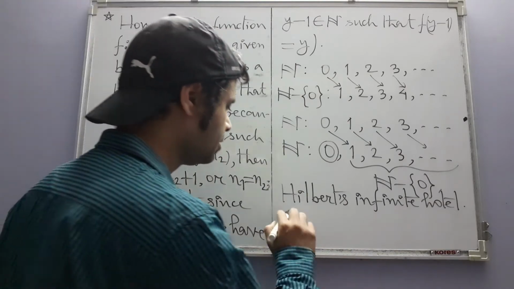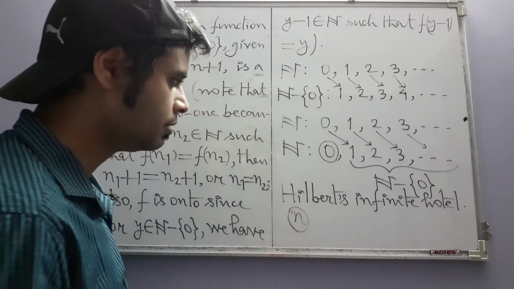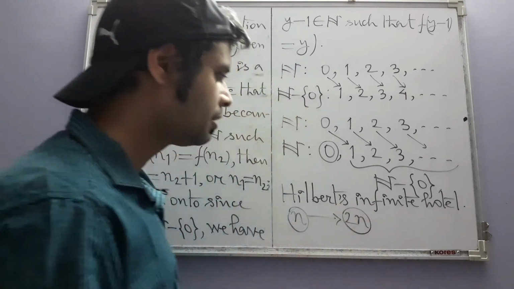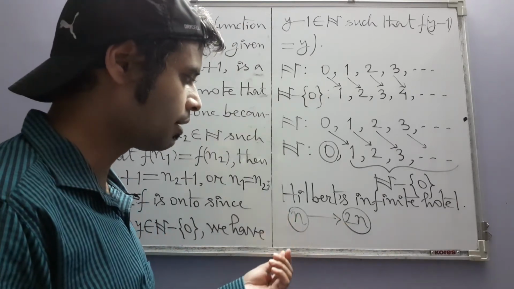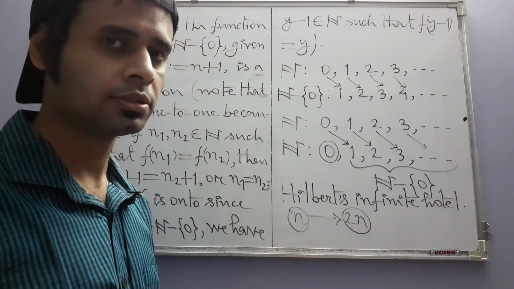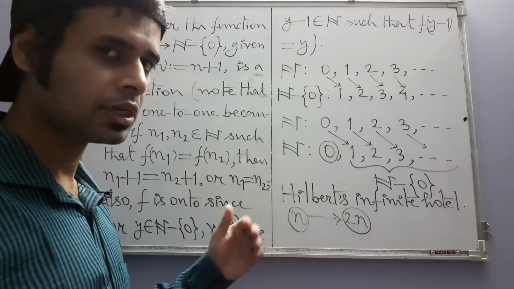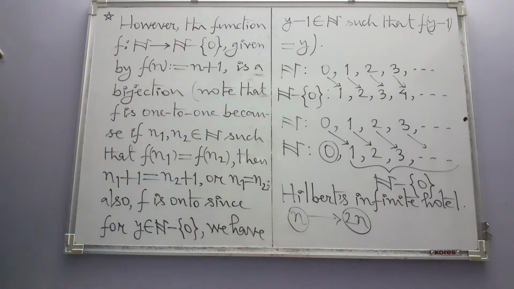So that means you send the guest who is residing in room number n to room number 2n, so that infinitely many rooms now become vacant. Those rooms which are labeled with odd natural numbers. So such strange things happen when you deal with infinity. So this is the first strange thing.